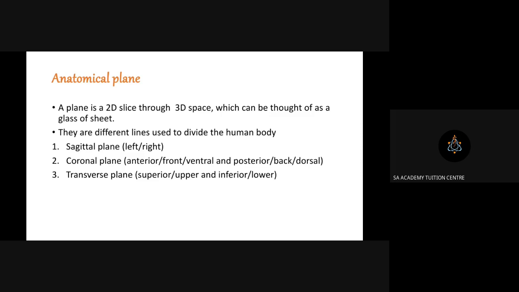If you are using the word front, the next word you use is back. If you're using the word ventral, the other word is dorsal. They mean the same thing. So anterior goes with posterior, front with back, and ventral with dorsal.